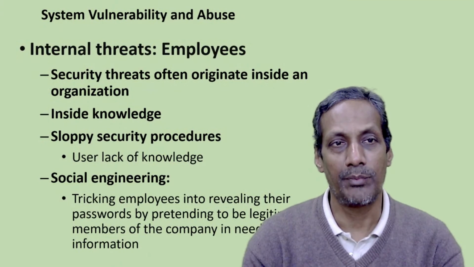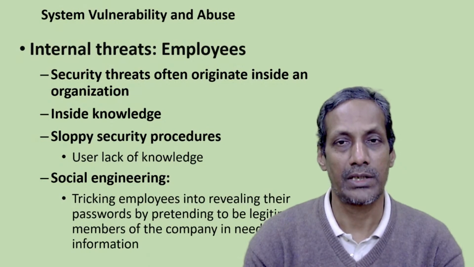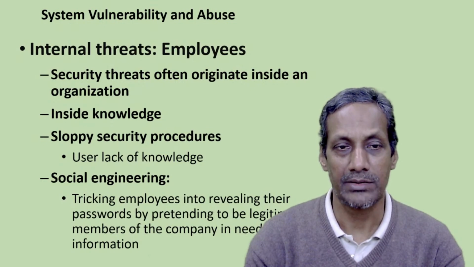So information systems can also have internal threats, like threats from employees. Security threats often originate inside an organization. Sloppy security procedures when followed, users' lack of knowledge can also be a hindrance.